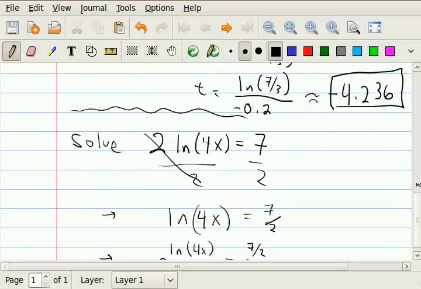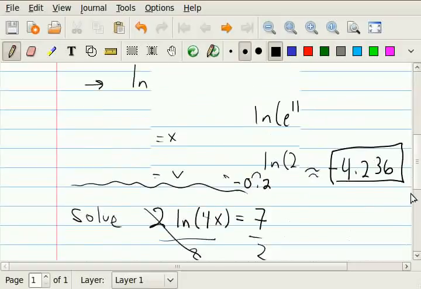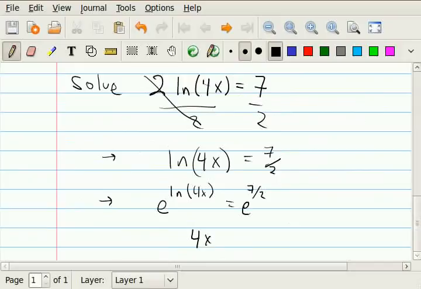If you look right back at our rule, that's what it says in general. e to a power natural log of a number is just that number. So if instead of x here I have 4x, that's what I'll get as an answer. So we do this to get rid of the natural log function. And on the right side of the equation I've got e to the power 7/2, which isn't a problem because that's just some number we can find on the calculator.